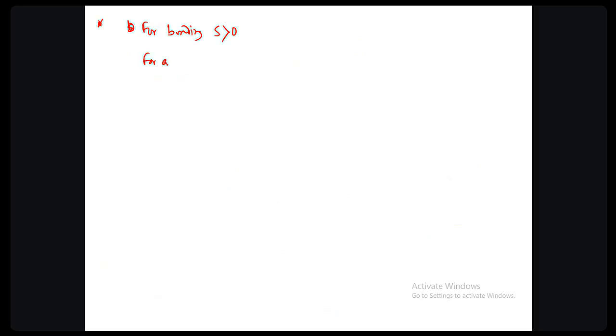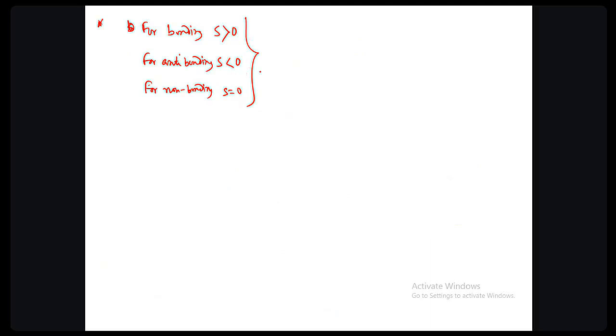For anti-bonding, S is less than 0, and for non-bonding, S equals 0. That means S is a factor which can define whether it is bonding, anti-bonding or non-bonding.